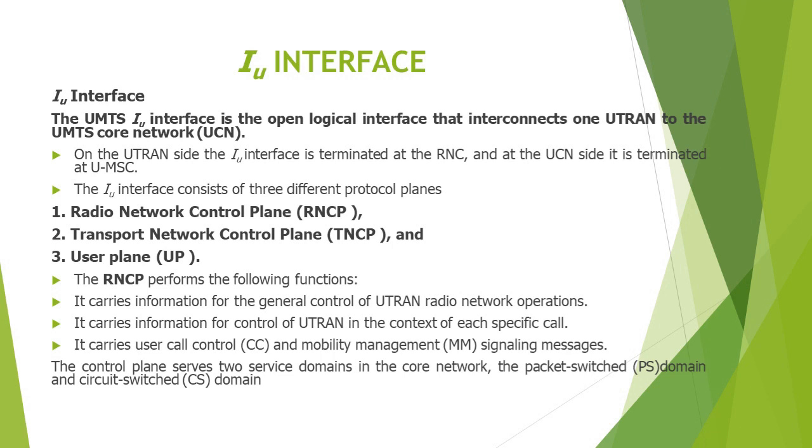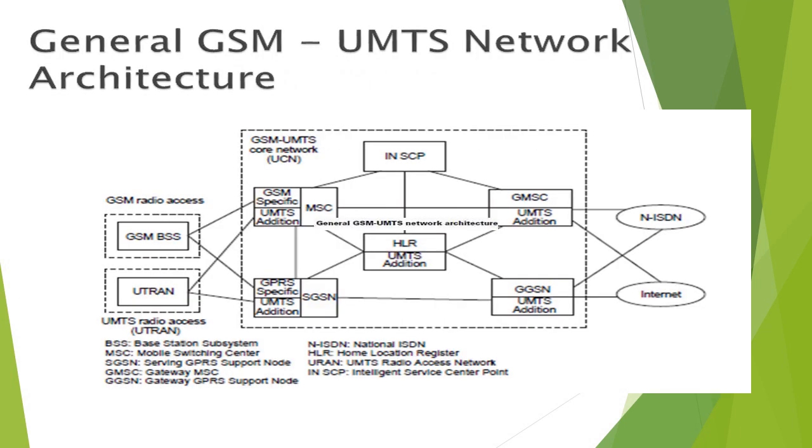This interface works with the RNCP, TNCP and user plane. So RNCP is the radio network control plane, TNCP is the transport network control plane, and UP is the user plane. So this is the general GSM UMTS network architecture model.